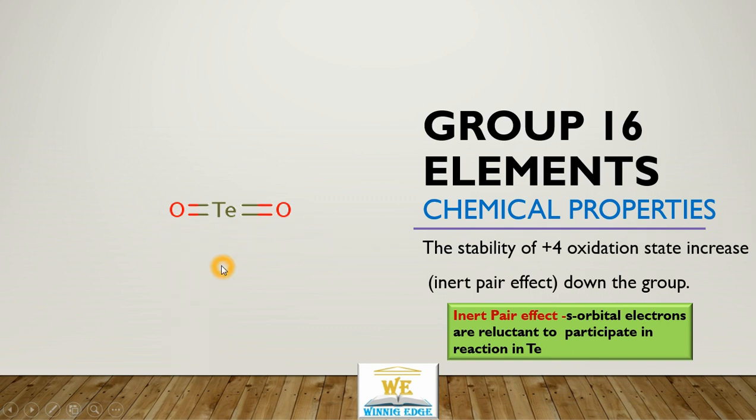The reason is ascribed to a phenomenon known as the inert pair effect. What is this phenomenon? It says s orbital electrons are reluctant to participate in reactions in tellurium.